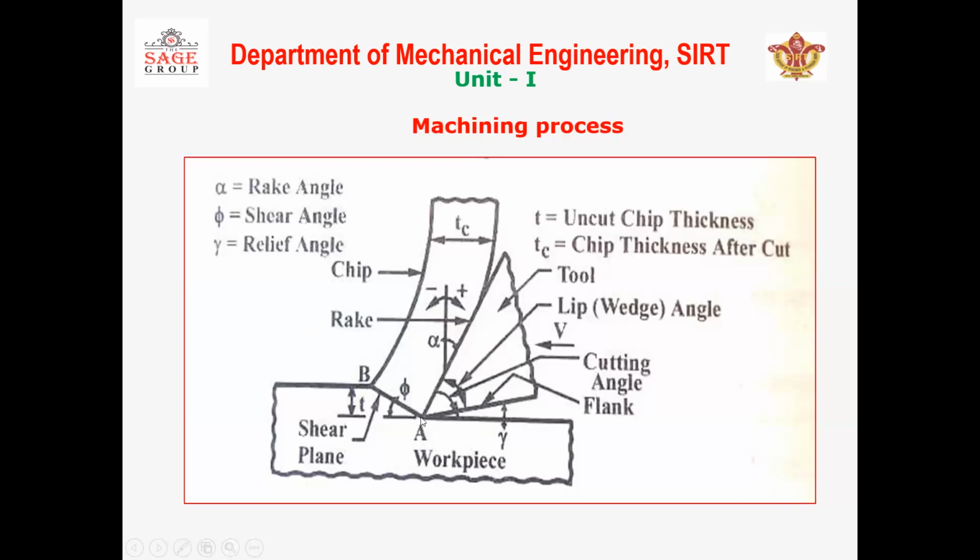So AB is the shear plane, and this is the chip, and this is the cutting tool. These are the different parameters. Alpha is the rake angle, phi is the shear angle, gamma is the relief angle, t is the uncut chip thickness, and tc is the chip thickness after cut.